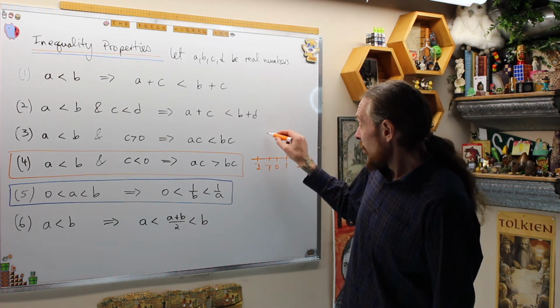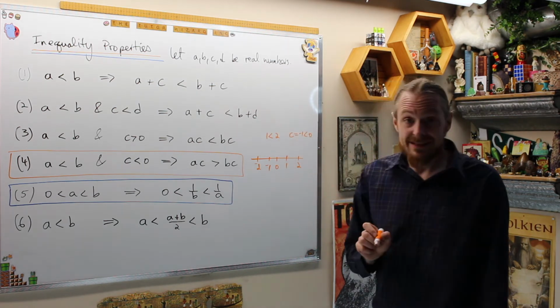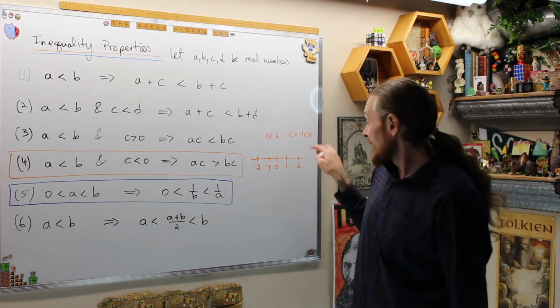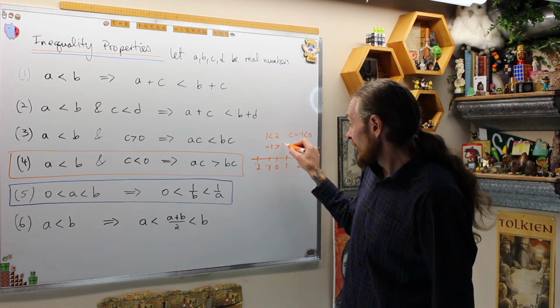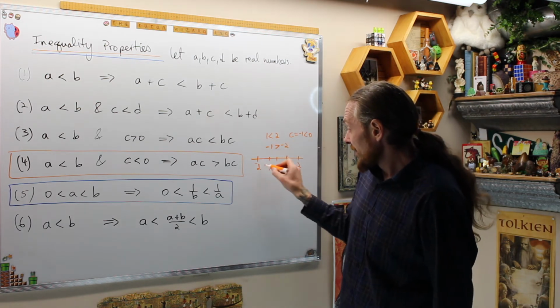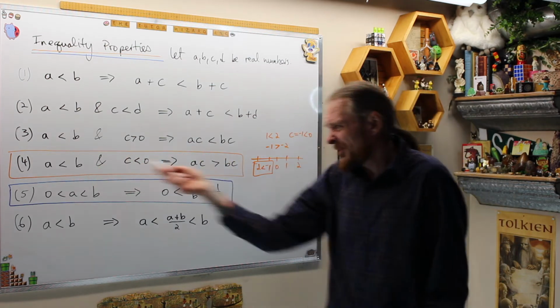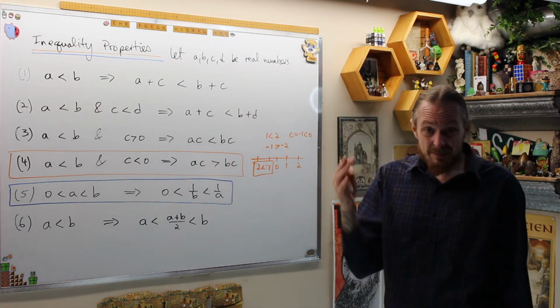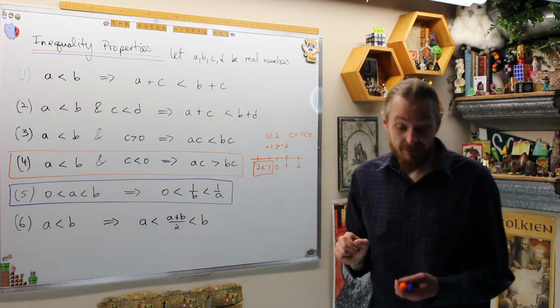So if I pick 1 is less than 2 and pick C equals -1, which is less than 0, if I multiply both of the sides of this equation by -1, that should give me that -1 is larger than -2, which it is. So I always do these. If you don't like the mumbo jumbo, do an example with some numbers and see intuitively at least if it's matching what this is trying to say for us.